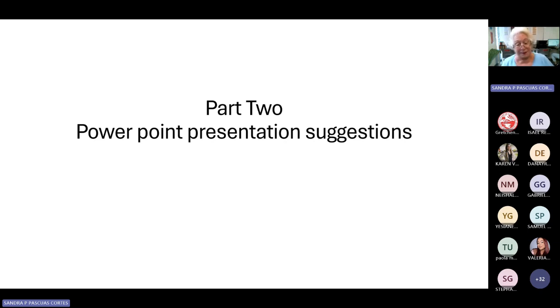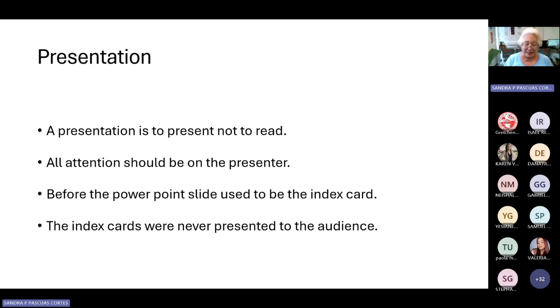So let's begin. Okay, I want you to see this. A presentation is to present, not to read, to talk. All the attention has to be on you, not on the presentation. You don't want your audience to read. You want your audience to look at you because you are the source of the information.